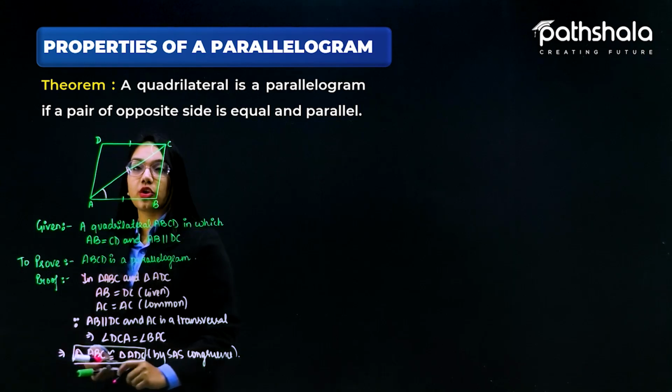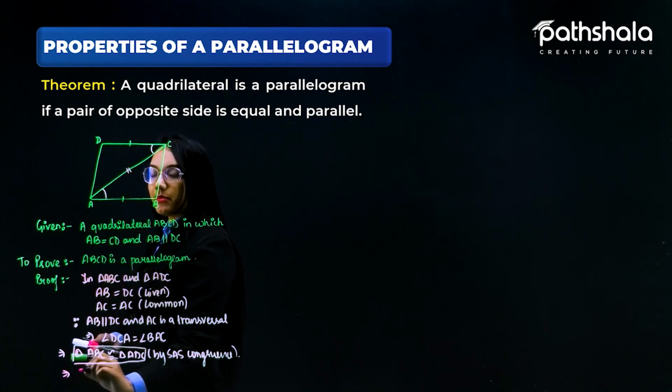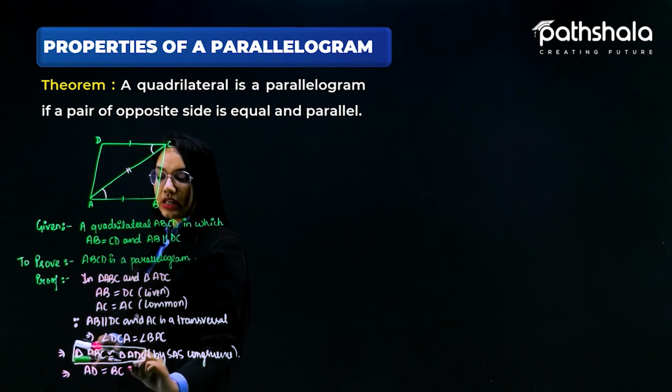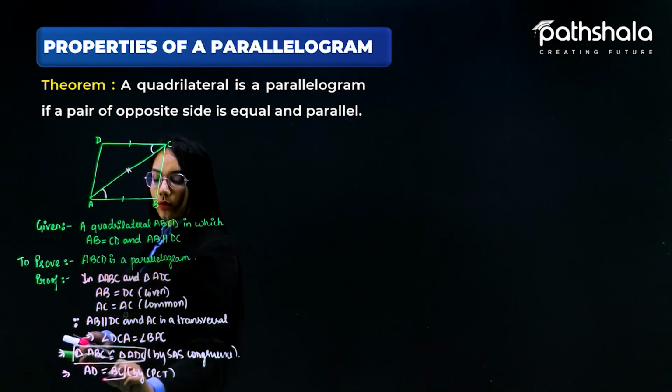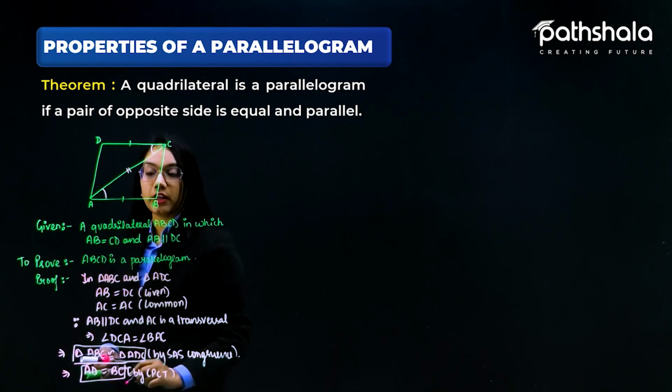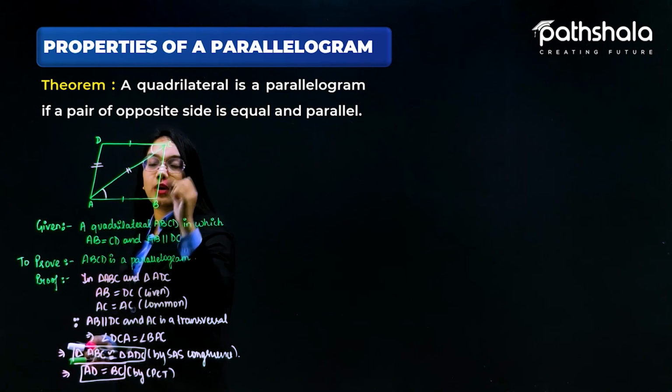And if the two triangles are congruent to each other, it implies that AD is equal to BC by CPCT. So what we are getting over here is that AD comes out to be equal to BC.